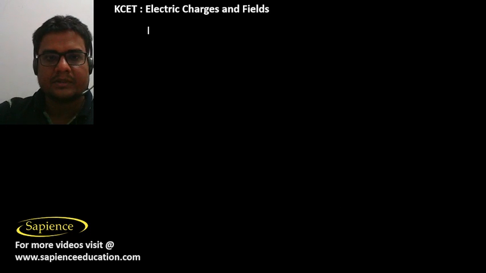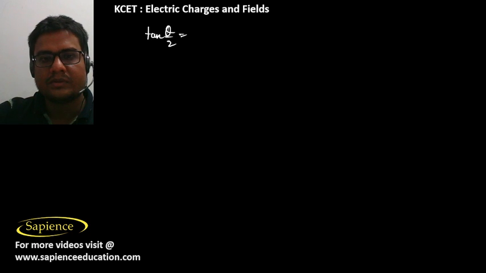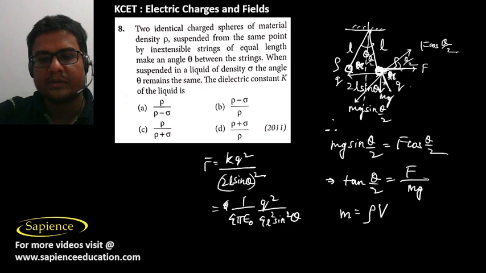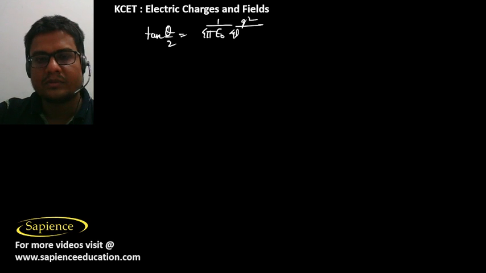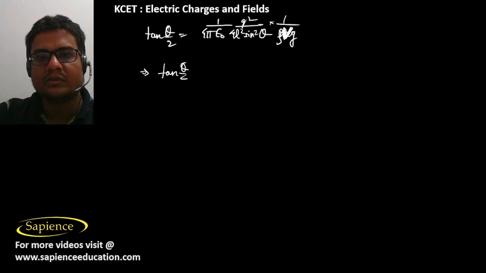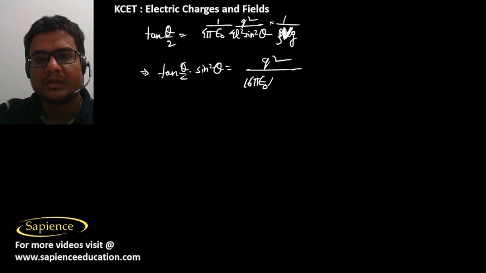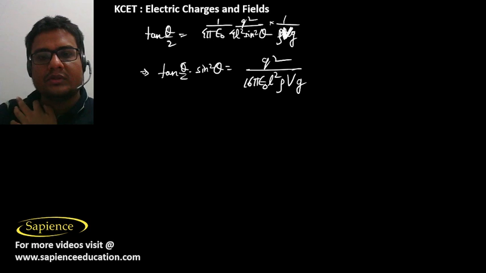So tan theta by 2 is equal to F by mg, which is 1 by 4 pi epsilon naught into q square by 4l square sine square theta, into 1 by mg, which is rho into v. Therefore, tan theta by 2 into sine square theta is equal to q square by 16 pi epsilon naught L square into rho v into g.